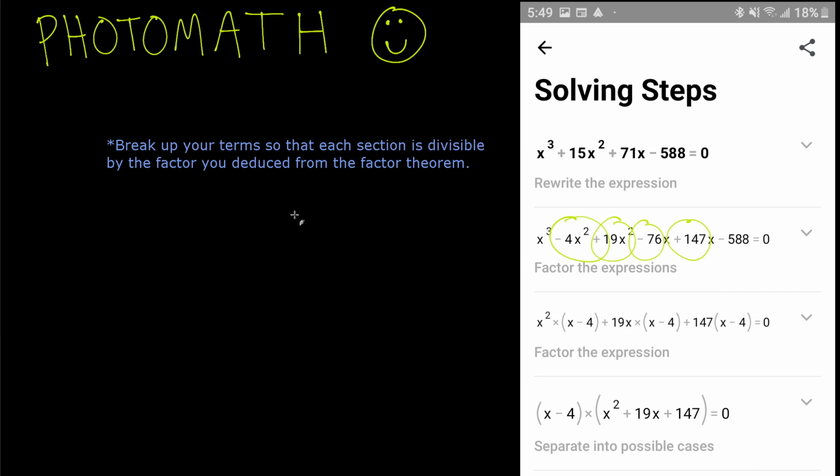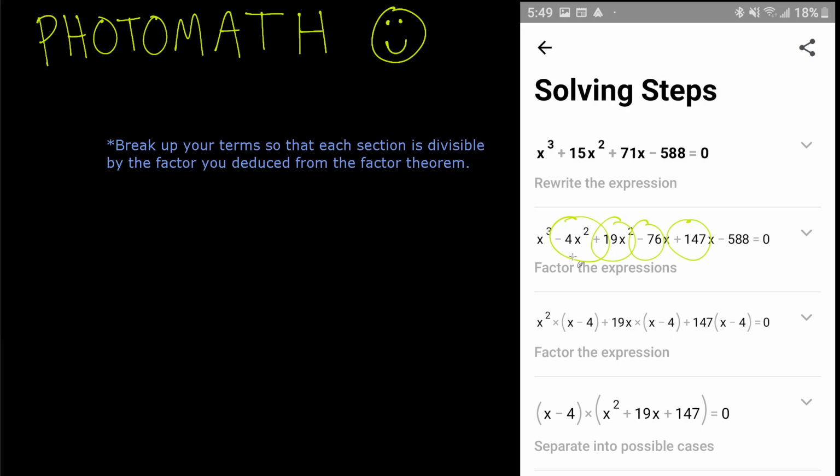One thing I wanted to mention was looking at PhotoMath for these solutions. PhotoMath describes it in a way where it instantly goes from this expression here all the way to this. The reason I was able to deduce this was by actually finding that factor. Notice this x cubed minus 4x squared.